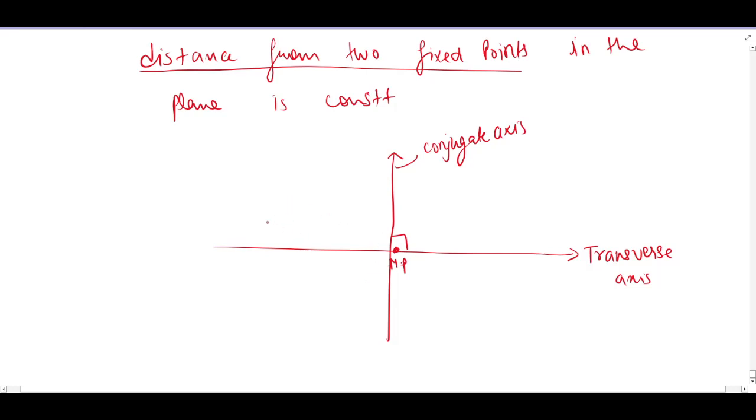So if this is focus f1 and this is focus f2, and we have a hyperbola, because hyperbolas occur in pair, so we have two hyperbolas.